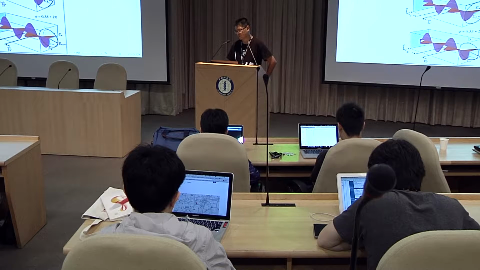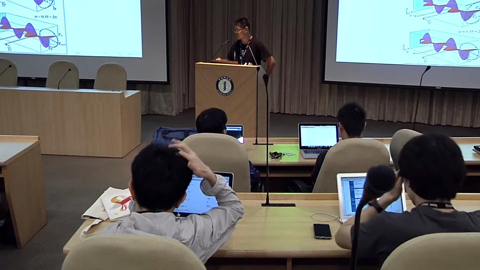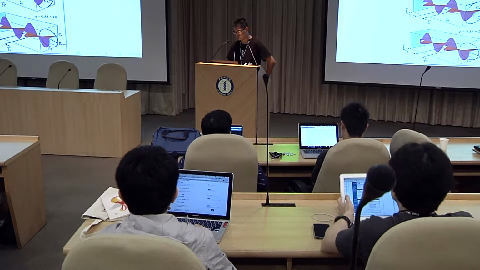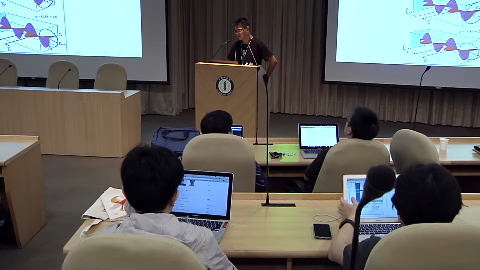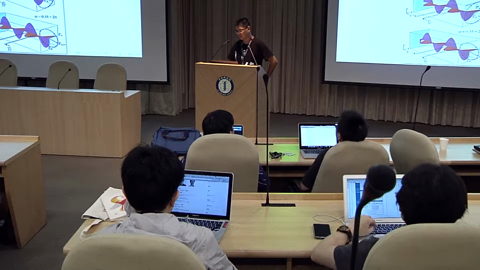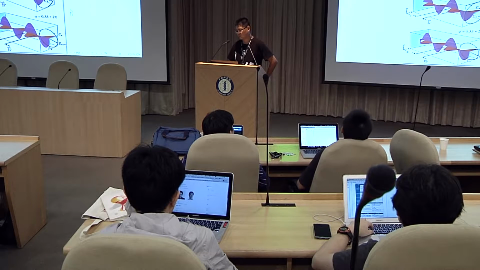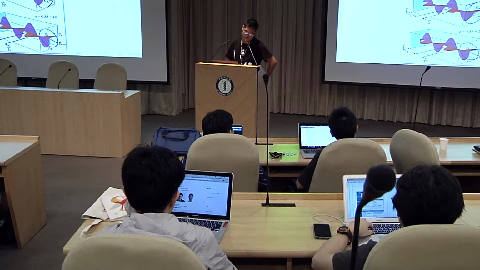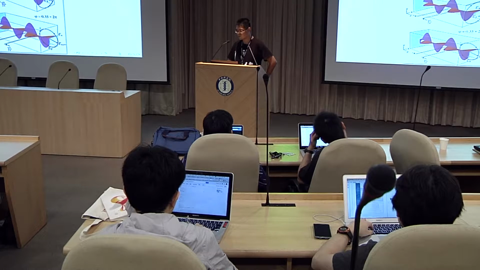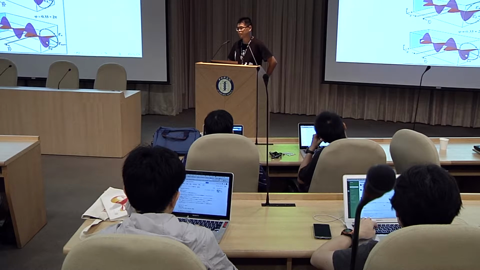In the second picture, the direction of the electric field rotates like a circle. This is called circular polarization, and that is called linear polarization. The situations in between are called elliptical polarization. It could be an ellipse, looking like an ellipse in many directions.